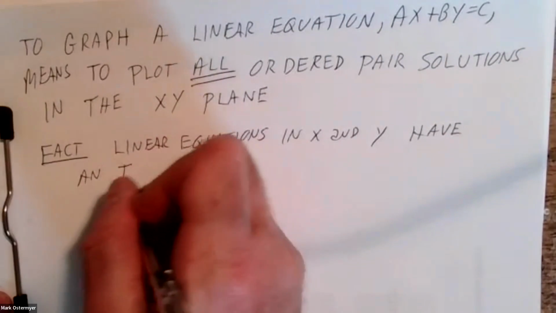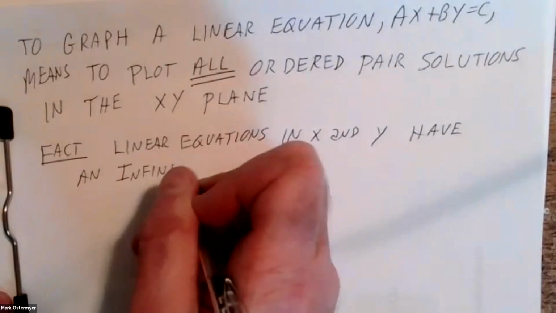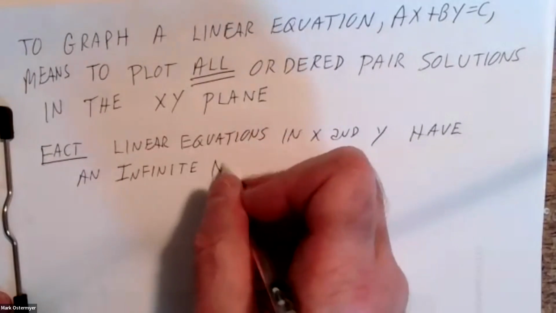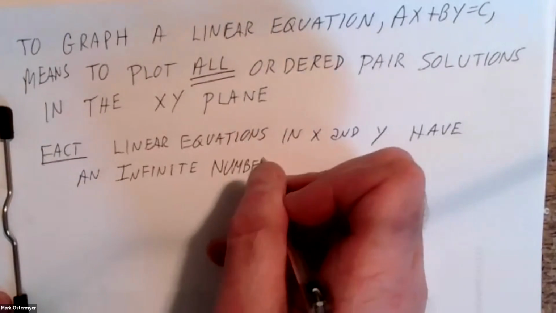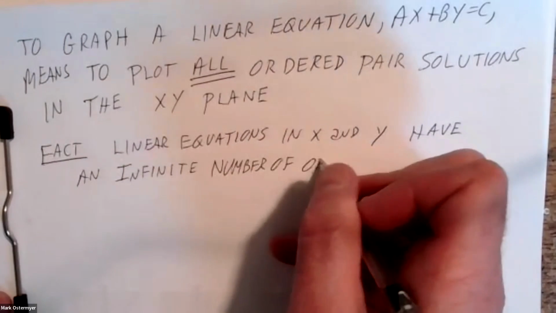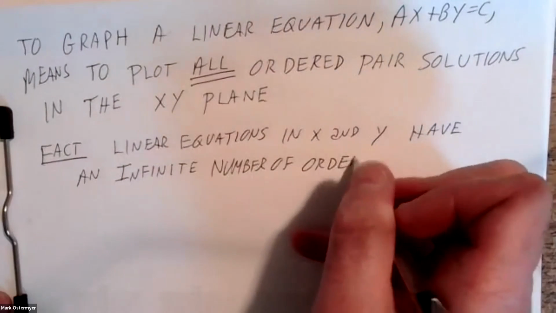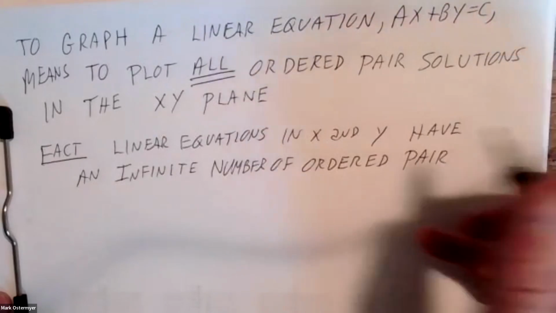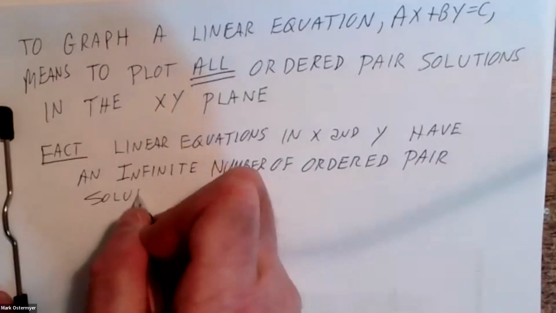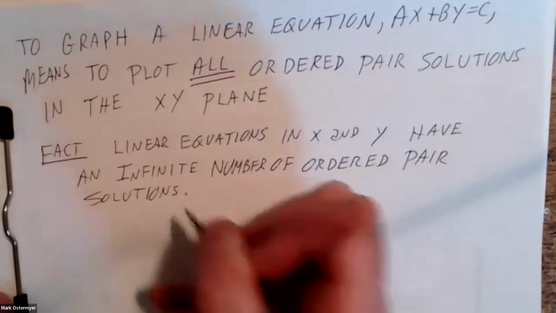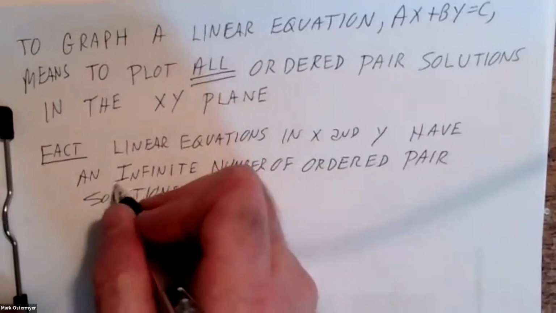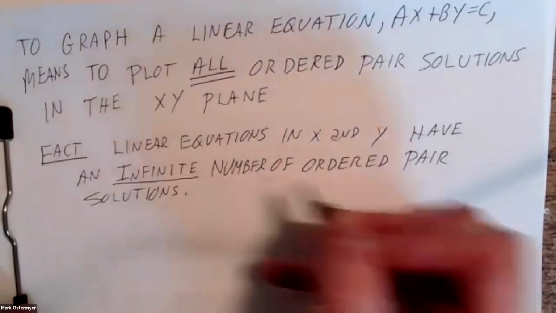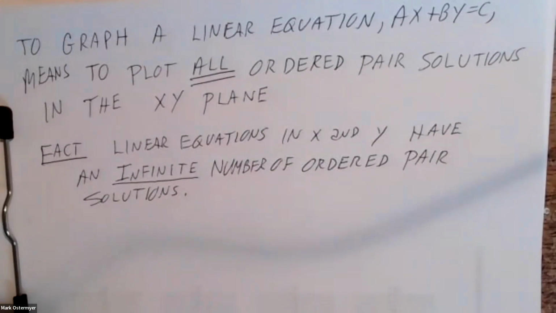They have an infinite number of ordered pair solutions. Infinite number. Well, now, how are we going to plot an infinite number of ordered pairs in the XY plane? We would be here till the end of time or death, whatever grabs us first.